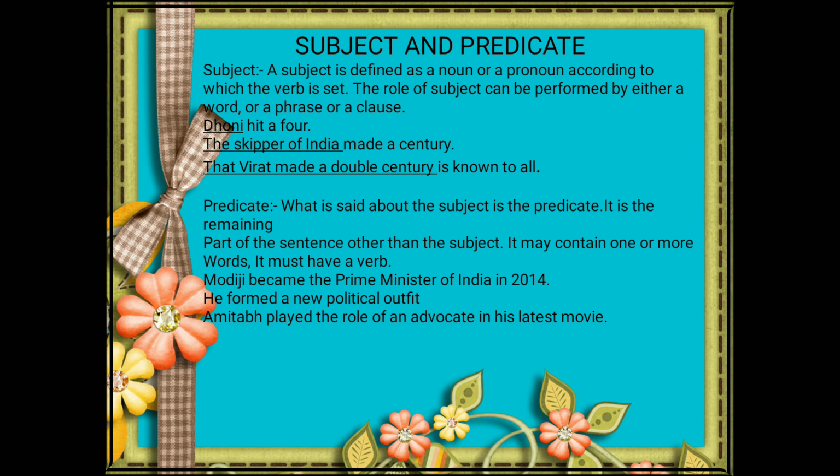He performed a new political outfit. Amitabh played the role of an advocate in his latest movie. So in these sentences, apart from Modi ji, he and Amitabh, the remaining parts of the sentence are the predicates.